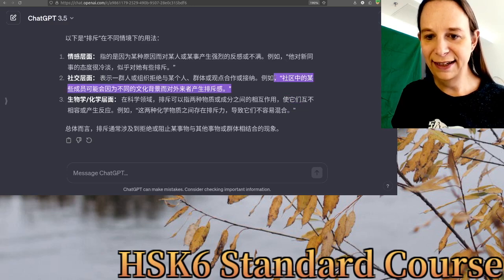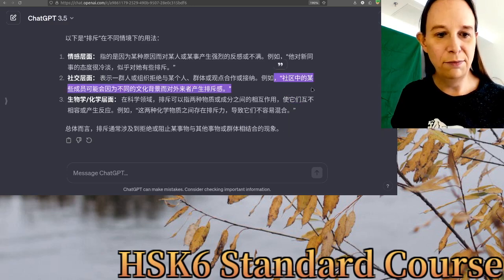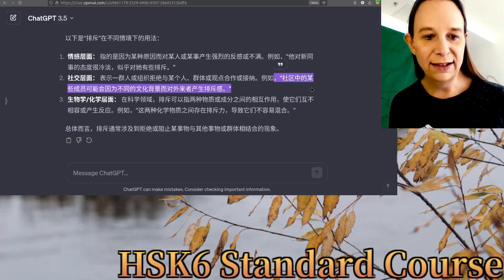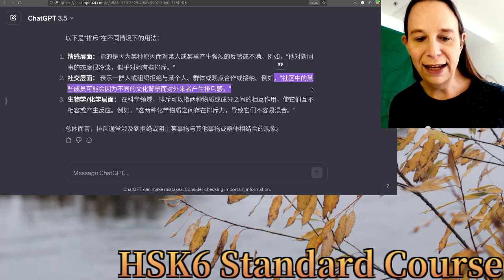In social settings, 社区中的某些成员可能会因为不同的文化背景而对外来者产生排斥感.